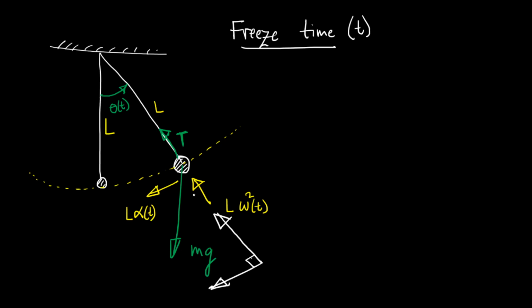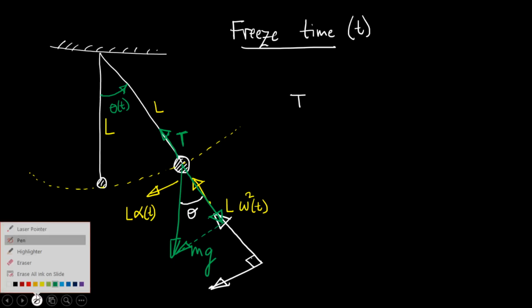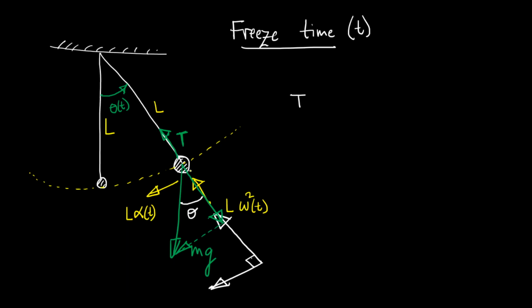So this is 90 degrees. When you did this, we got an equation which said the force towards the center is T. Now this angle happens to be theta, and therefore if you resolve mg into a component like this and a component like this, then this dotted line is mg sine theta, and the adjacent component is mg cos theta.